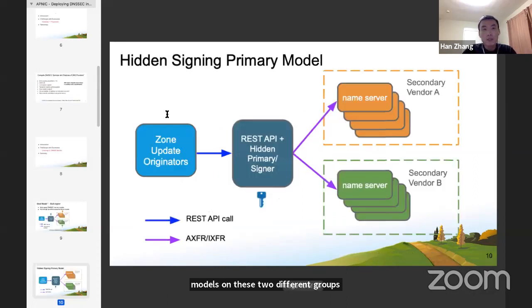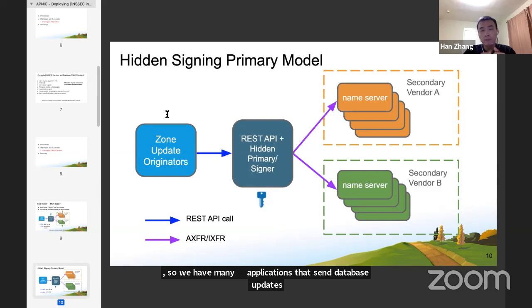The first DNSSEC model we applied is the hidden signing primary model, which is shown in this figure. On the left side are the zone update originators. Basically it's our Salesforce code base. We have many applications that send DNS updates. And in the middle is the REST API service and the hidden primary our team built.